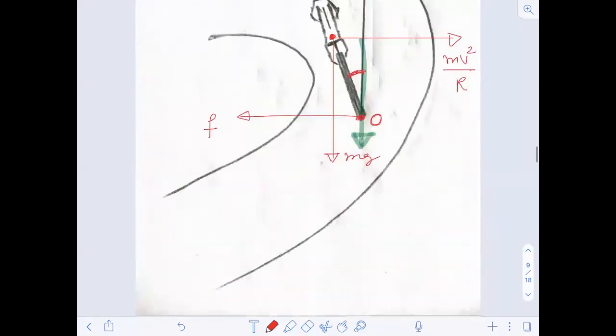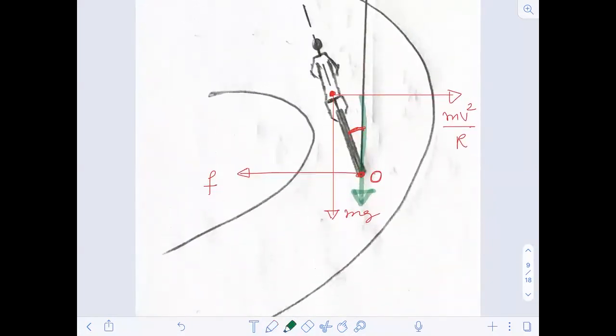This person will have a torque like this if he's not tilting theta degrees, because mg will be along the vertical line.